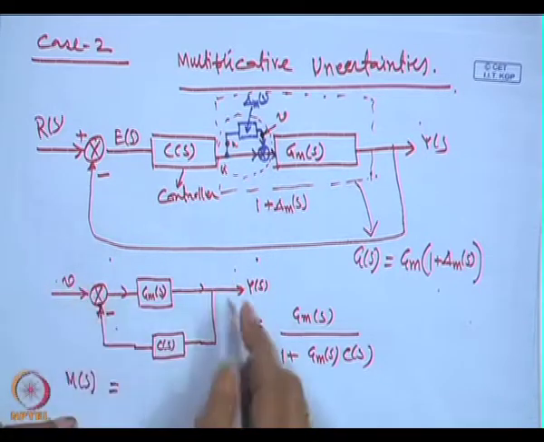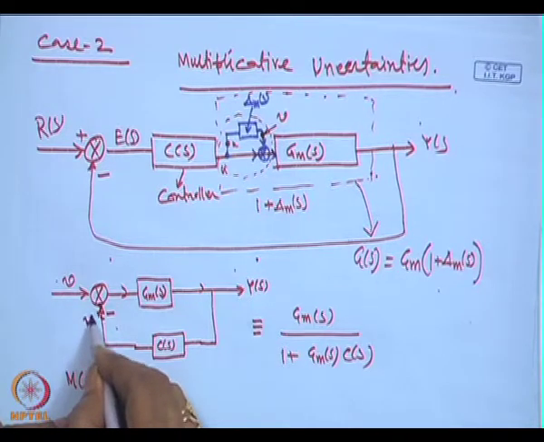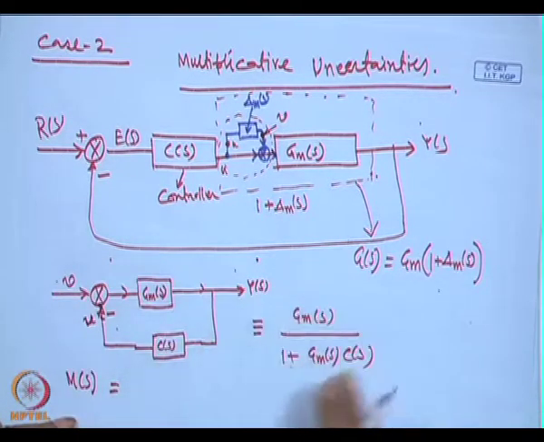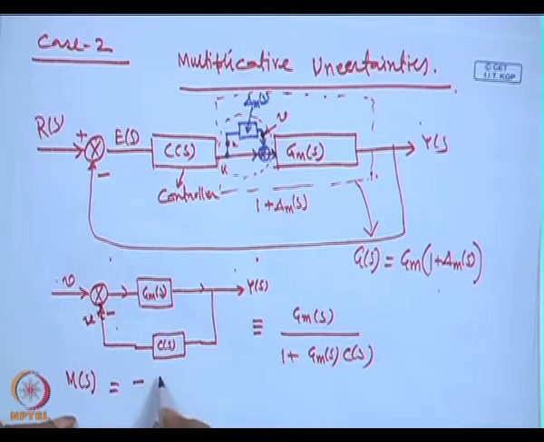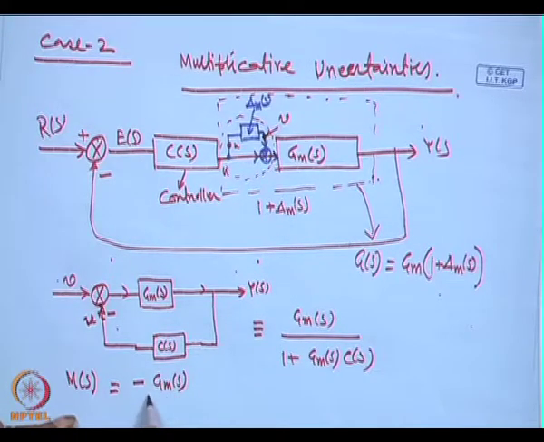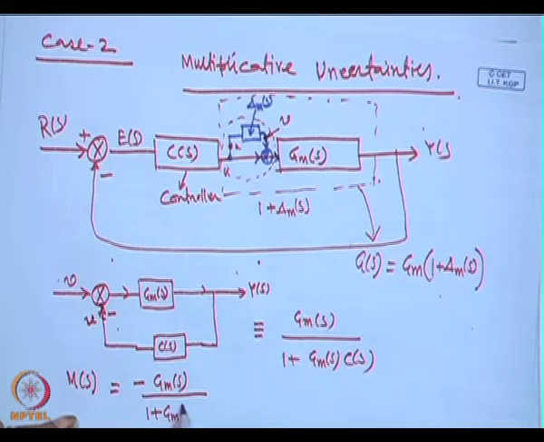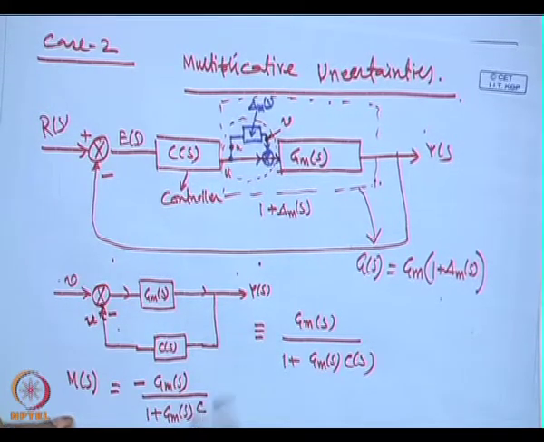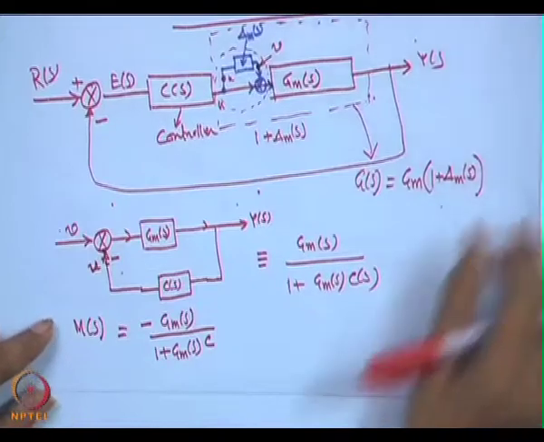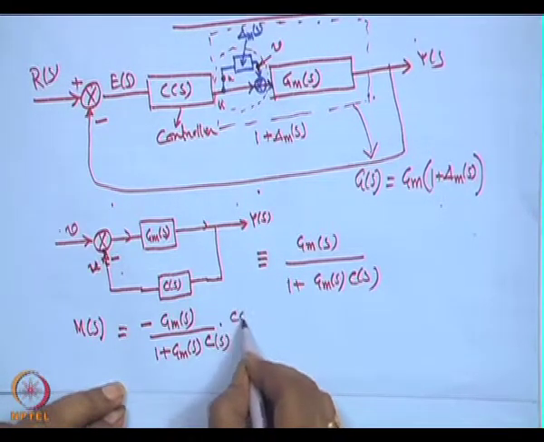I have to find the transfer function between V and U here. Then this is multiplied by C(s) with a minus sign. So, minus Gm(s) divided by 1 plus Gm(s) C(s), into C(s).